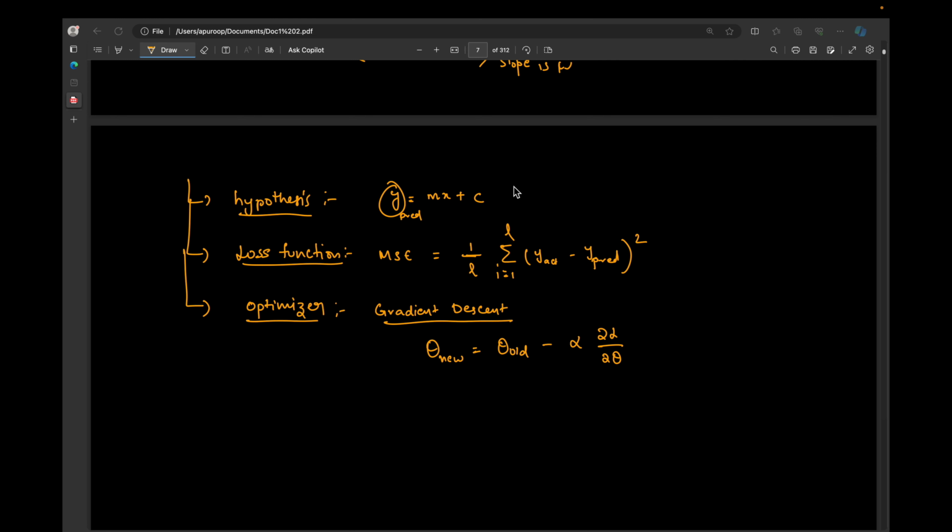Whenever we initialize a linear regression algorithm, the machine will assign random m and c values, and after that we'll calculate the loss. Obviously, as m and c are random values, the loss will be very high. And when the loss is very high, we go to the optimizer. The partial derivative signifies the direction in which those particular parameters should move.